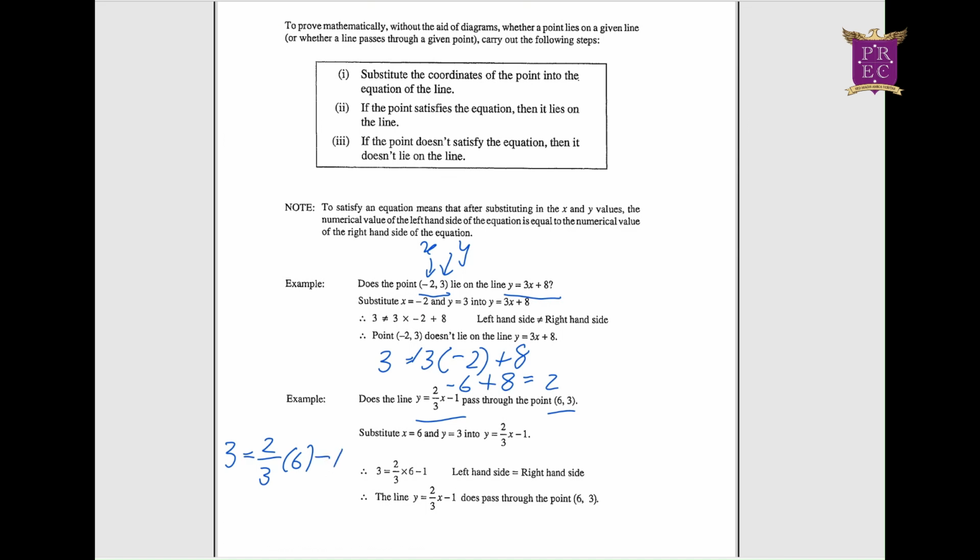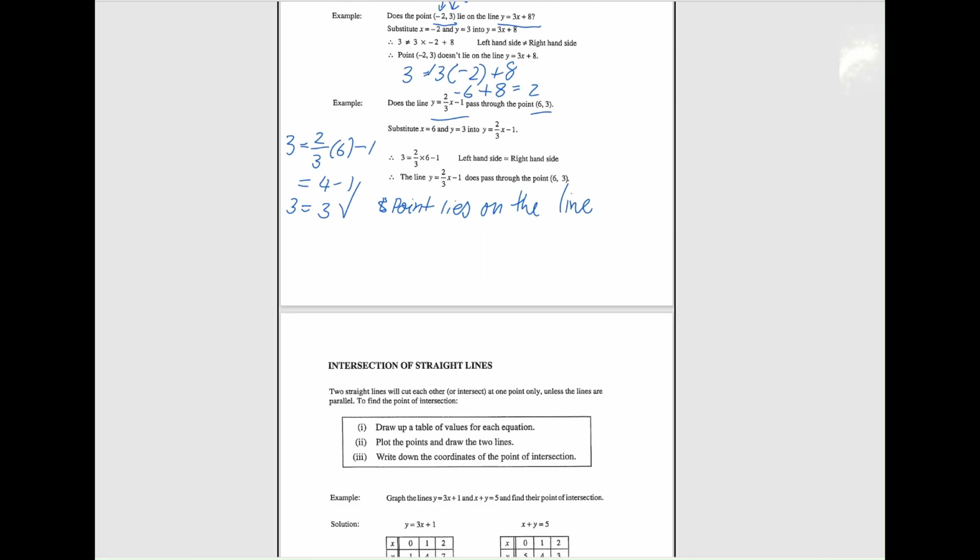Be careful. Okay, let's do the brackets first. 2 times 6 gives us 12. 12 divided by 3 is 4. 4 minus 1 is equal to 3. Is it equal to the left-hand side? Yes, it is. So the point lies on the line. Okay, that's it.